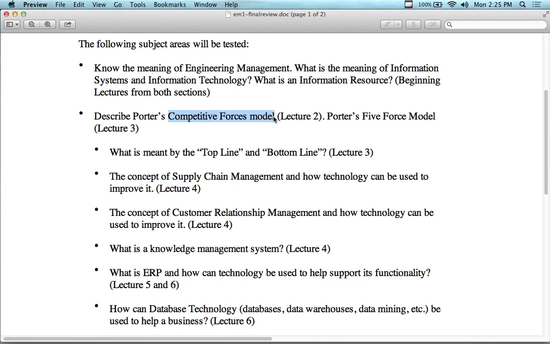If you know I'm going to ask a question about Porter's model, you might prepare for this exam by finding some literature and reading about it. It may not necessarily be in my lecture. There's a lot more to the model than I gave you, and it's okay, you can use it. It's the model.